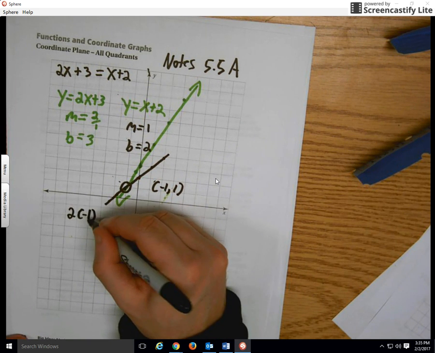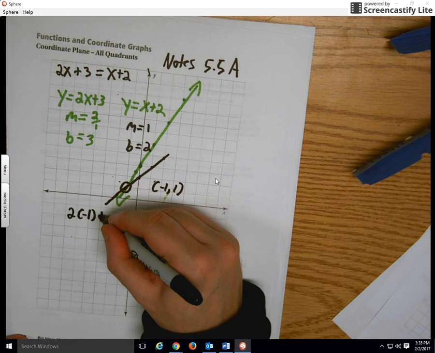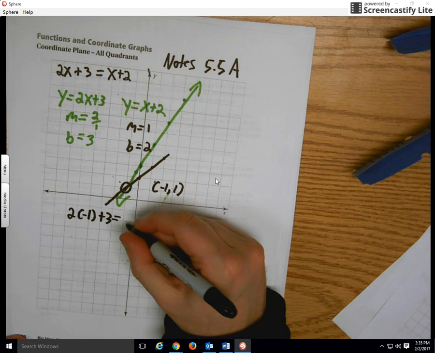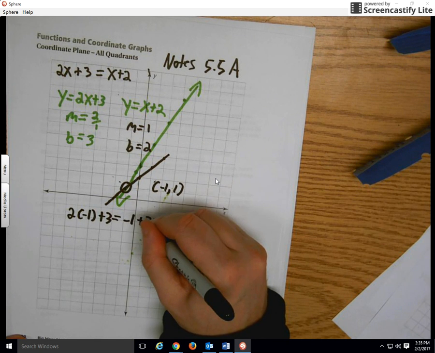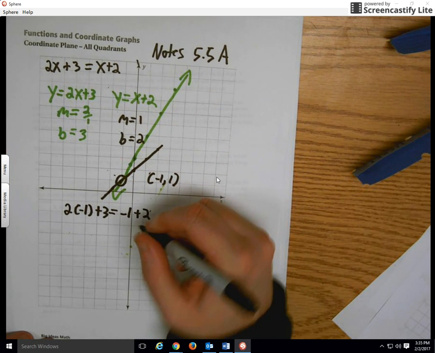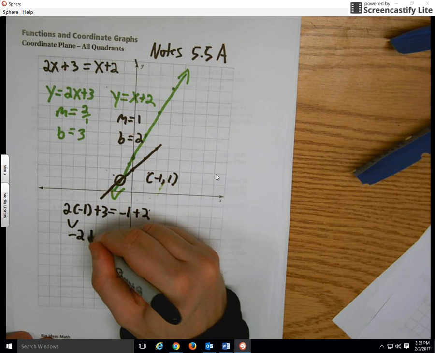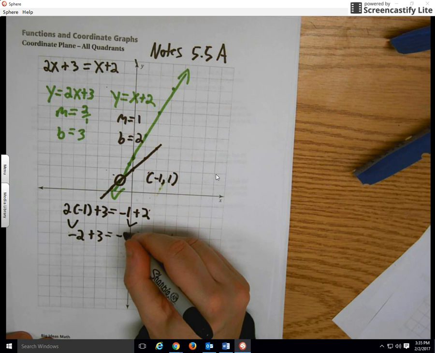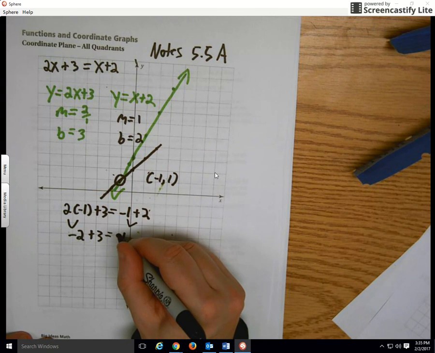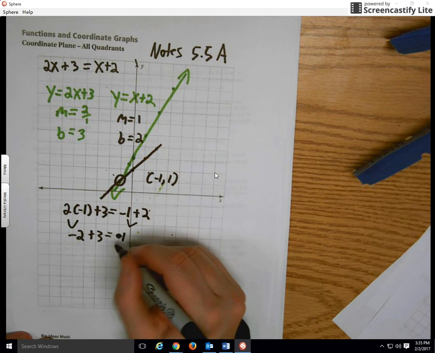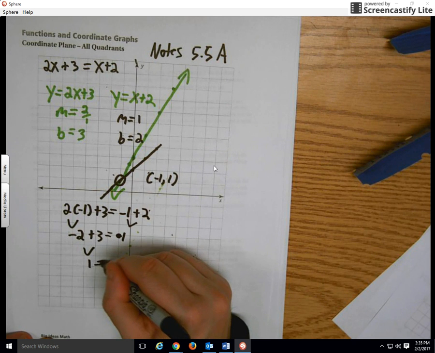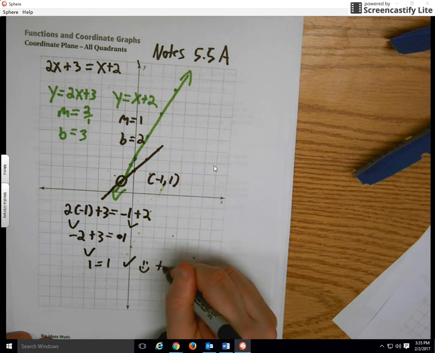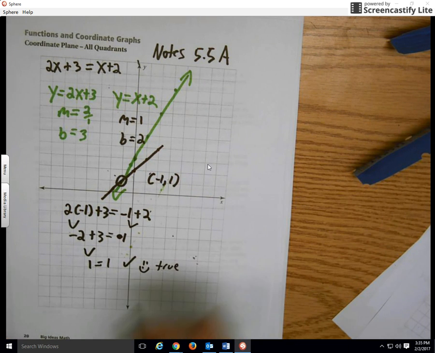Put a negative 1 in for the x: negative 2 plus 3 equals, I'm sorry, equaling positive 1. 2 take away 1 is 1. And so we'd have 1 equals 1. Yay, we did it right, and we checked it to make sure.